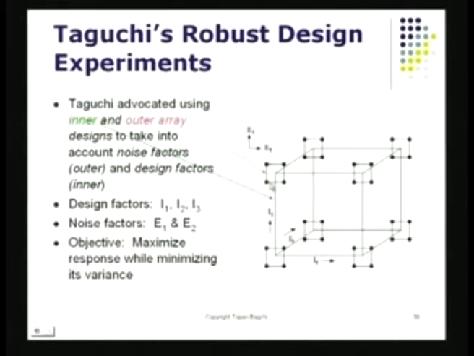The outer array brings in noise now, also in a controlled way. In this particular example, we've got 2 noise factors, E1 and E2, the environmental factors. And with them, if they are at 2 levels each, I'm able to generate a little square, a tiny matrix that will try to shake this prototype. The same matrix I'll be using here.